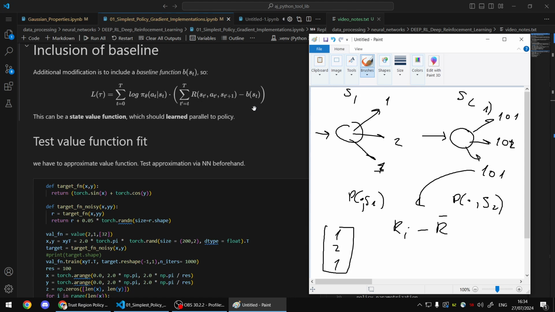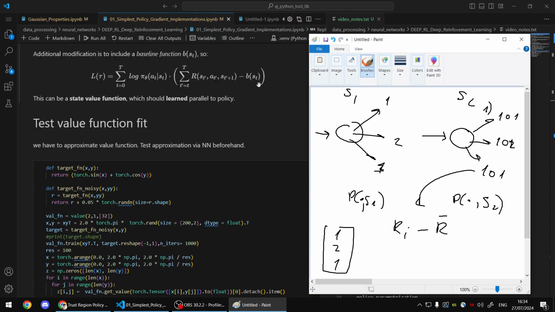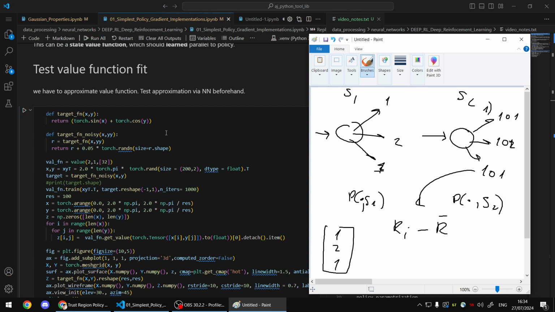Value function, if you remember, was the expected future rewards. So basically, how valuable is this state, given that I visit the state and keep following the same policy, and that was the idea. And of course, we can approximate it using a neural network.